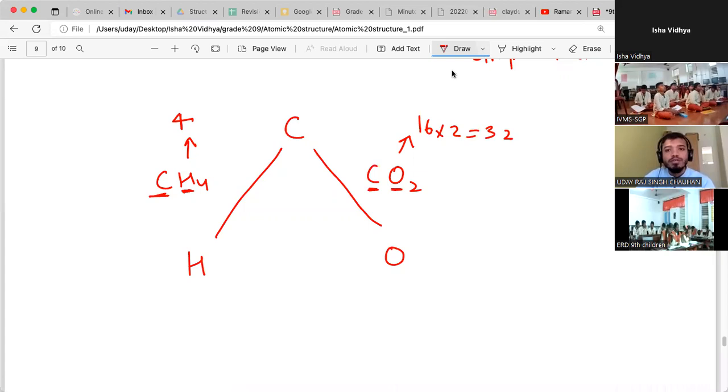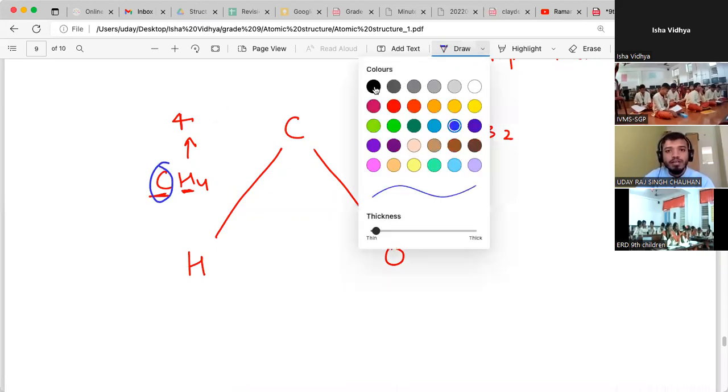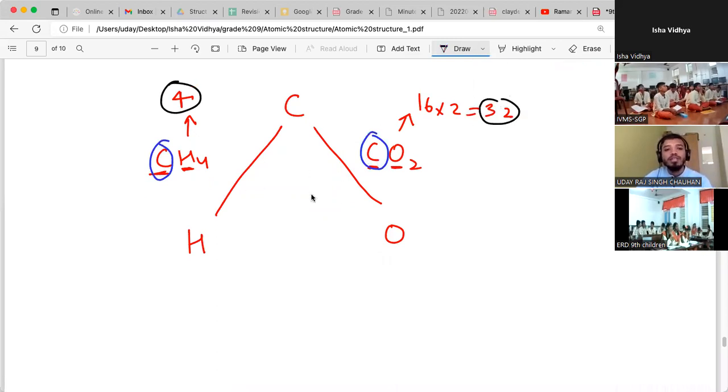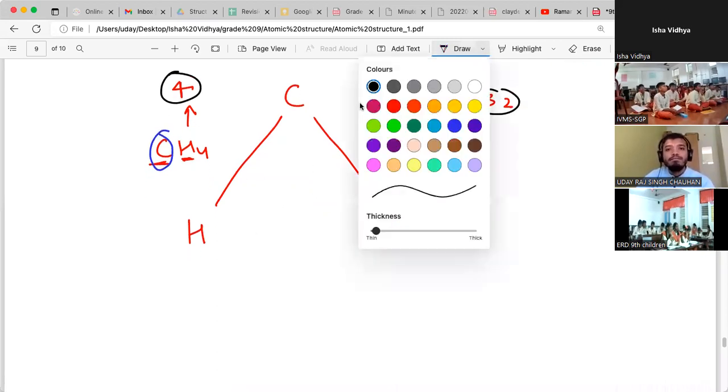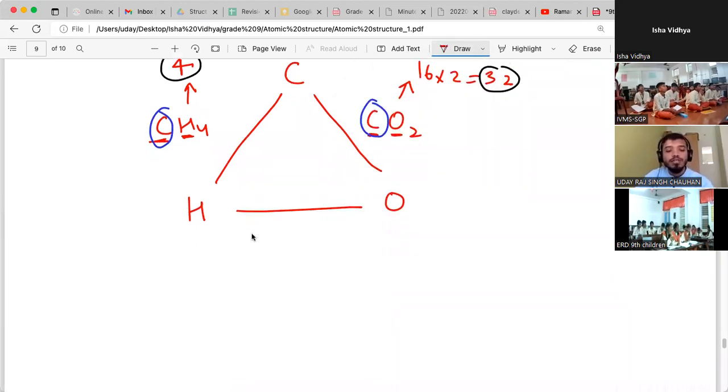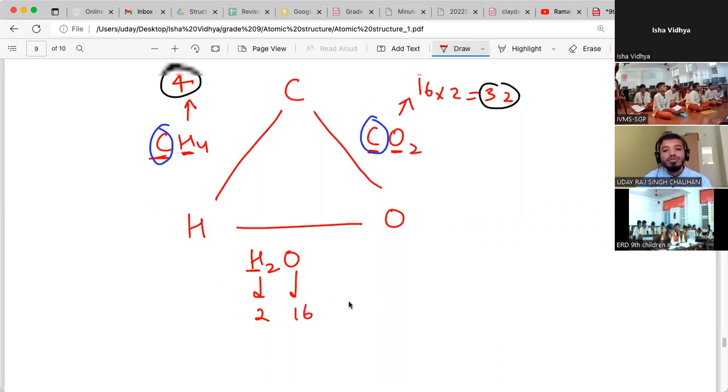So you have fixed carbon, and then we take the weight of the other. So we get 4 and 32. Take this ratio. Then you combine hydrogen and oxygen. Hydrogen and oxygen combine as H2O. Total hydrogen is 2, oxygen is 16, so you take the ratio.